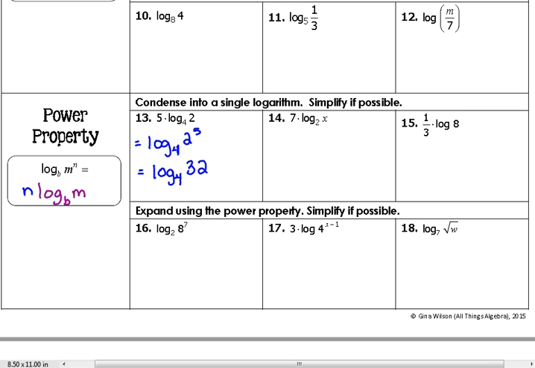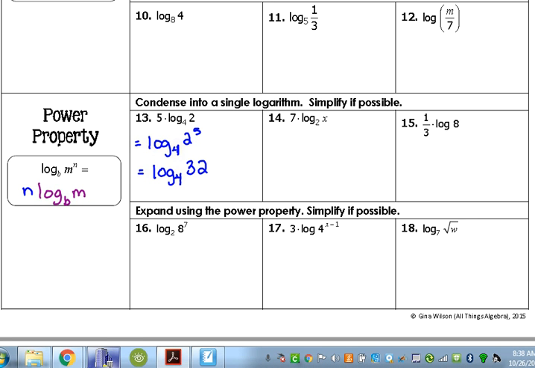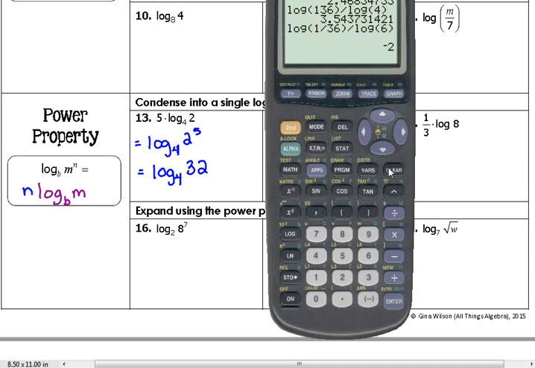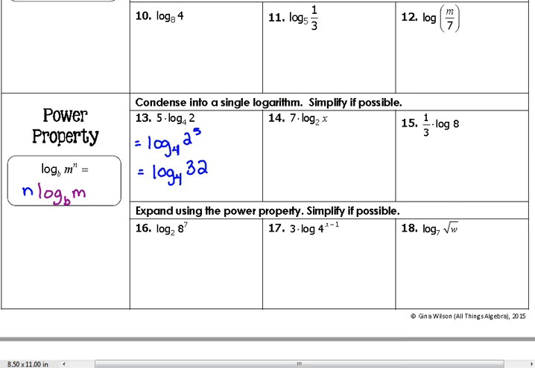We can't raise 4 to a whole number power and get 32, but we could express both of those as base 2. So let's use our change of base to see if we can get an answer for this. The log of 32, closed parentheses, divided by the log of 4. 2.5, which is 5 over 2. Okay, 5 over 2.